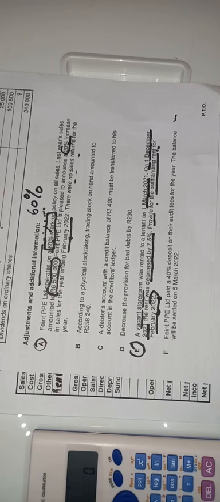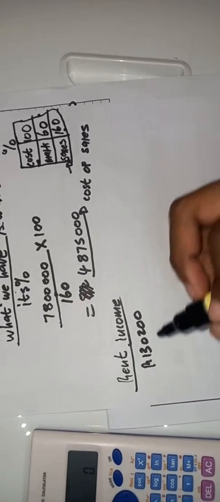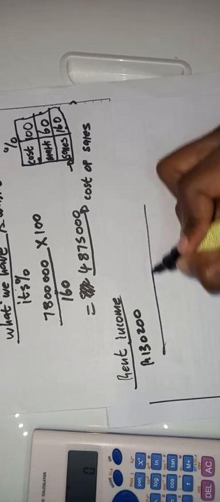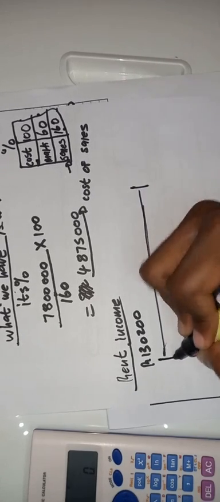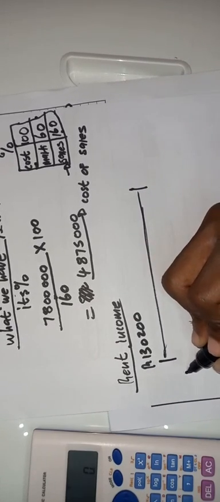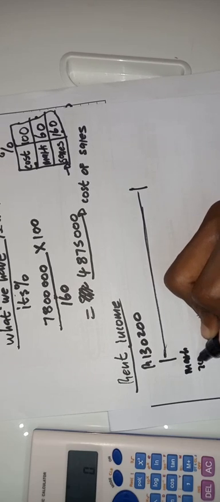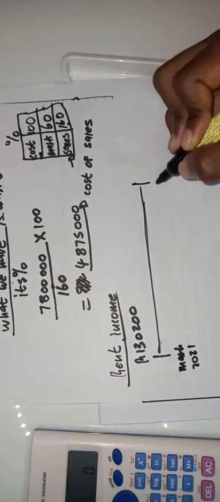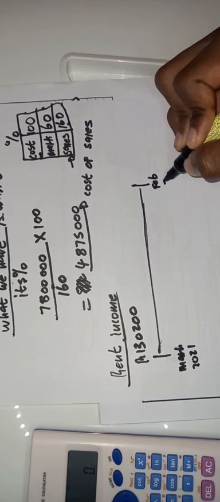This is what you do. You draw your timeline. Our year begins on March 2021, which means it ends on February 2022.